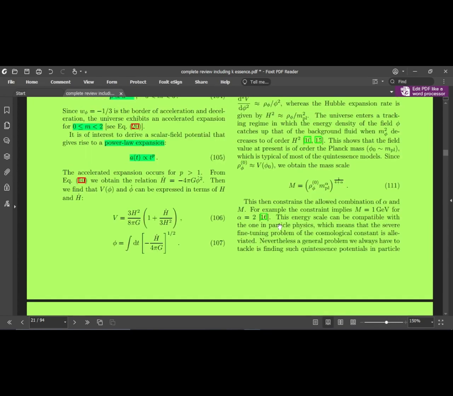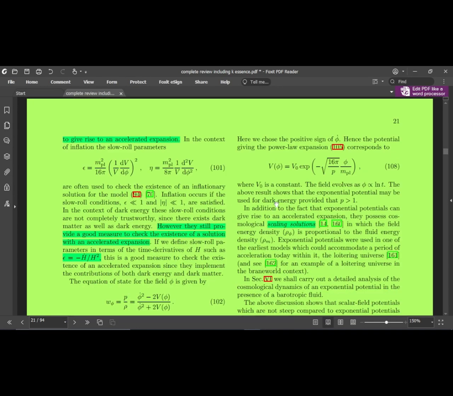Taking this power law expansion, we can ask what could be the power law expansion, and from there we can express v phi in terms of phi and so on. We will say that this kind of potential exists where v naught is the potential and the field phi evolves with log of t. The above result shows that the exponential potential may be used for dark energy provided that p is greater than 1.